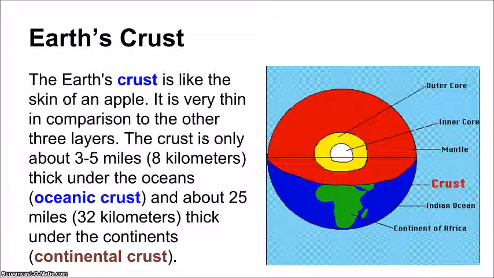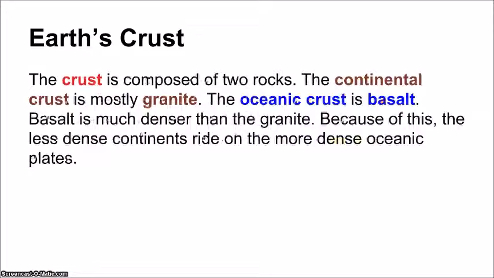So the crust is the outer part of the Earth's surface. It includes everything underneath the water in the oceans, all the way to the highest mountain. It's composed mainly of granite and basalt, and the continental crust is mostly granite and some andesite, and then the oceanic crust is basalt. Okay.